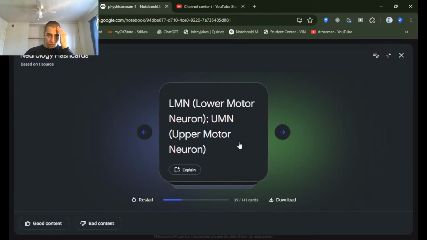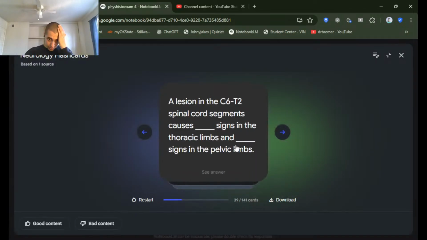Lower motor neuron, LMN, in the thoracic and UMN in the pelvic. Okay, so if it's near the brain, before the thoracic limbs and the pelvic limbs.